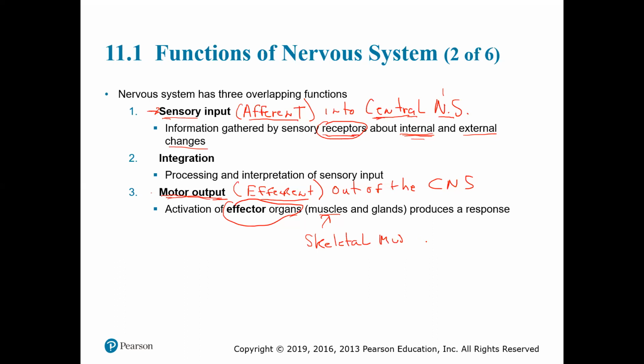And then you have smooth muscle. You have cardiac muscle, right? Those are the 3 muscle types. And then you have the glands. So these are the effectors for the motor part of the nervous system.